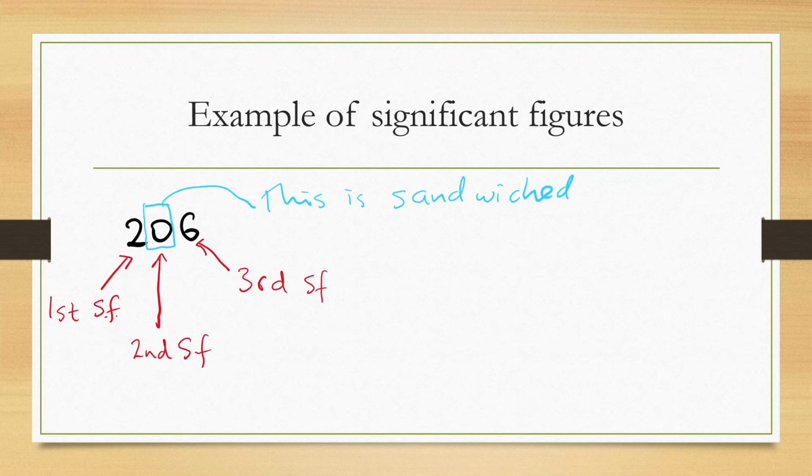I chose 0 as the second significant figure because 0 is sandwiched by 2 and 6. 2 and 6 are non-zero values, and the 0 is sandwiched between them. So 0 becomes a significant figure.